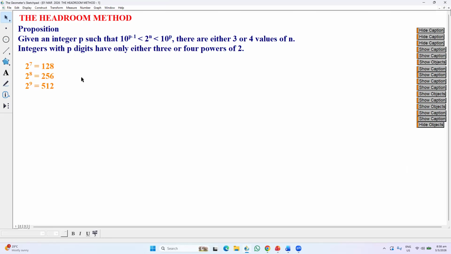Look at 2^7, 2^8, and 2^9. These all have 3 digits. And those with 4 digits, we have 2^10, 11, 12, 13. There are 4 powers of 2 with 4 digits, and 3 powers of 2 with 3 digits. These are examples.